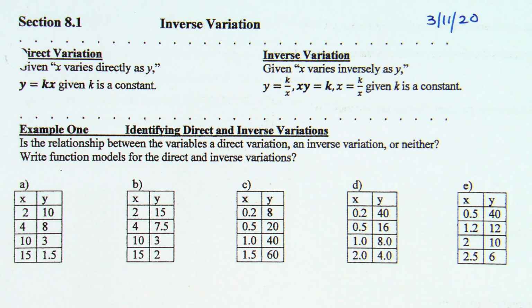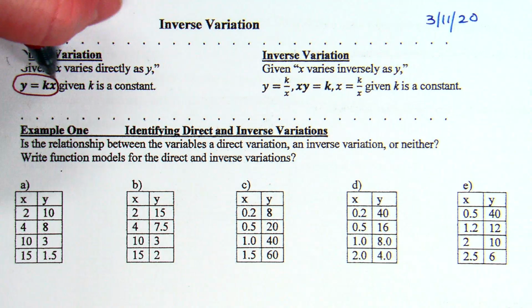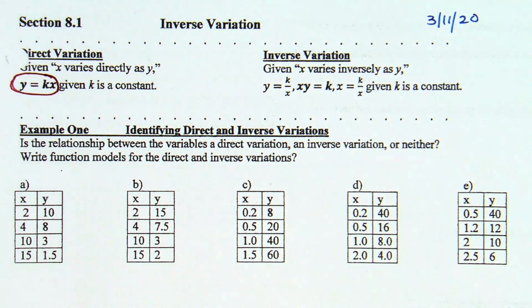So, some information here. Direct variation. When a problem talks about direct variation, you will often see the words given, x varies directly as y. When we see that, we are looking at the form y equals kx, where k stands for a constant, times the variable x.